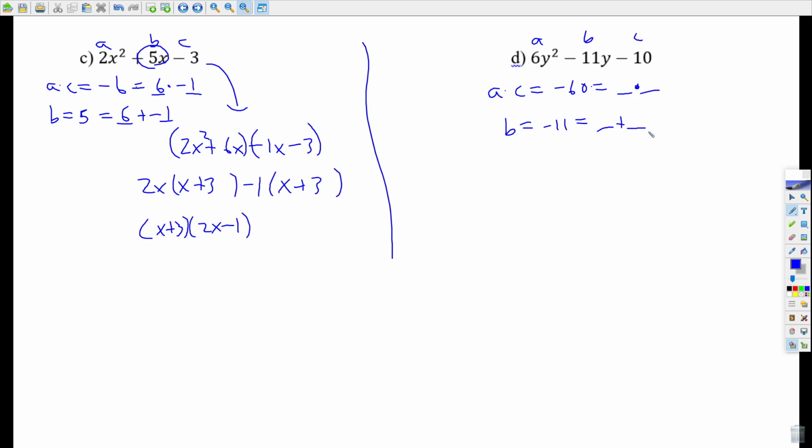Don't know that's going to work. We have 3 and 20. That's not going to work. We have 6 and 10. We have 15 and 4. Oh, it looks like we might have to do 15 and 4 again.